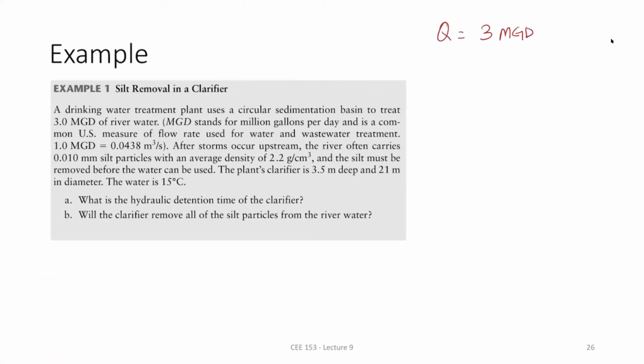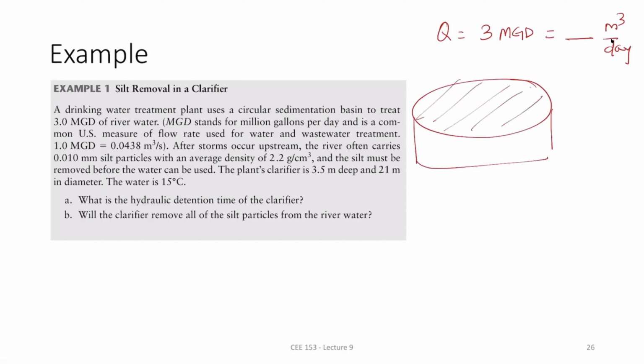You have to change it to cubic meters, so how many cubic meters per day? That's something you have to do because the sizes are given a different way. It says to use a circular clarifier, so that area is a circle.